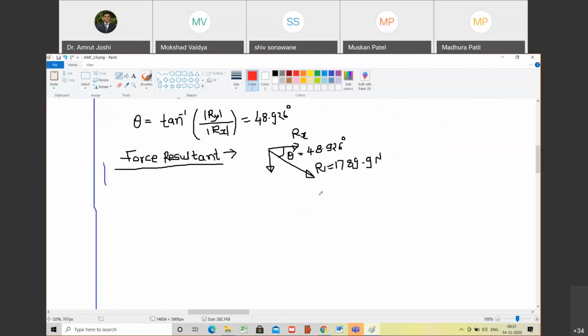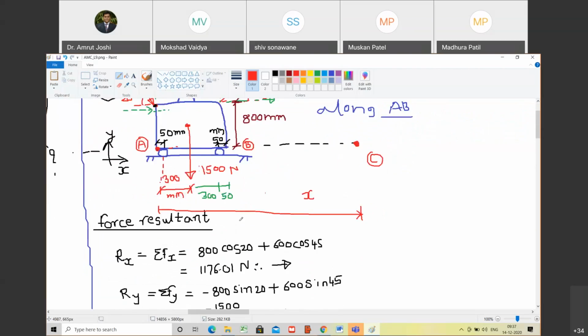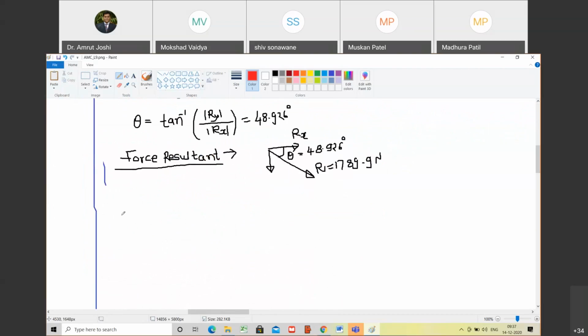Okay. So now how do we go about this? For this, we need to invoke something called Varignon's theorem. This Varignon's theorem theory can be taught in any way, but I prefer it this way. So I will first write down the statement of Varignon's theorem. Are you with me?